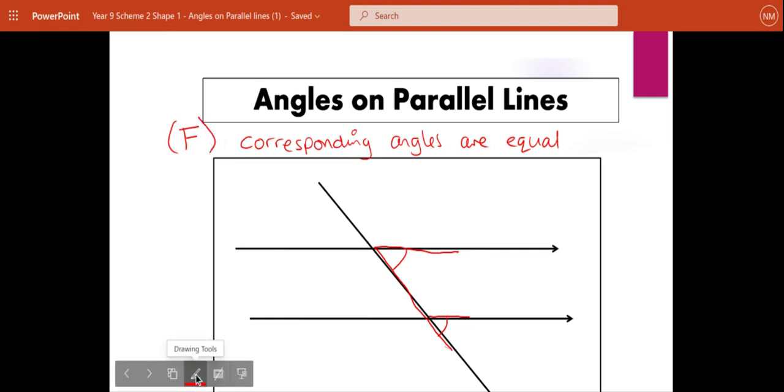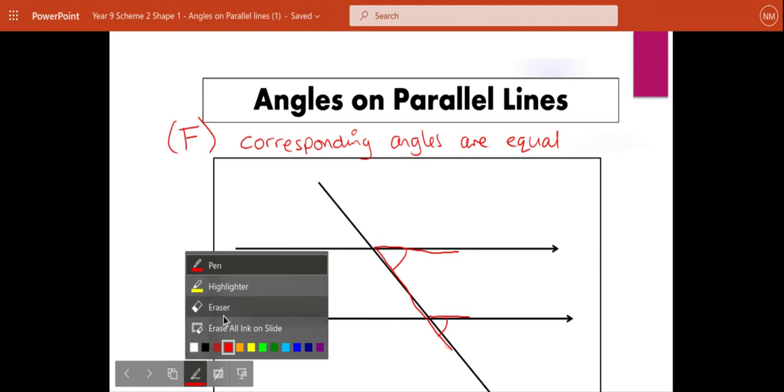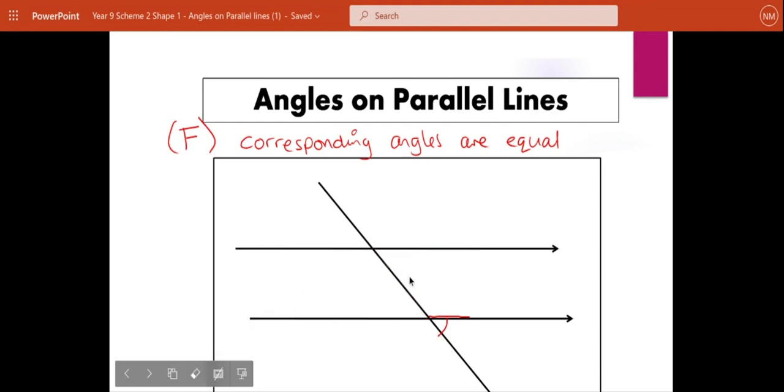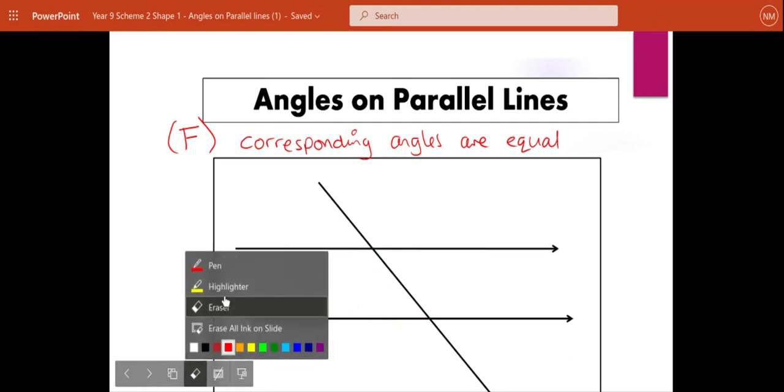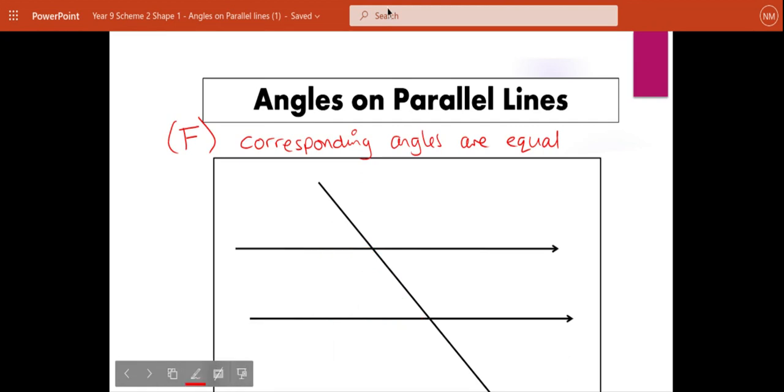Now, it may not always look like that. That's a nice straightforward one, but we could get an F shape or corresponding angles to look like this. Excuse my drawing. A sort of backwards one, and then those two would correspond to each other. We could also get this situation where we're looking at this part here.